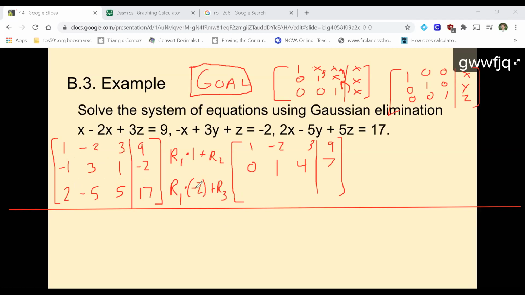So 1 times -2 is -2, plus 2 is 0. -2 times -2 is +4, plus -5 is -1. 3 times -2 is -6, plus 5 is -1. 9 times -2 is -18, plus 17 is -1.